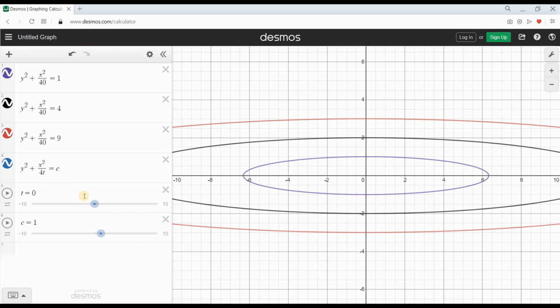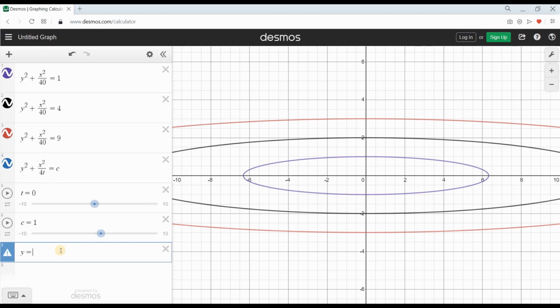Now, generally speaking, when t reaches very high values, let's say theoretically it reaches infinity, the denominator of the x term gets so big that we can assume that x squared over 4t goes to 0. In that case, the streamline equation basically becomes y is equal to a constant number.